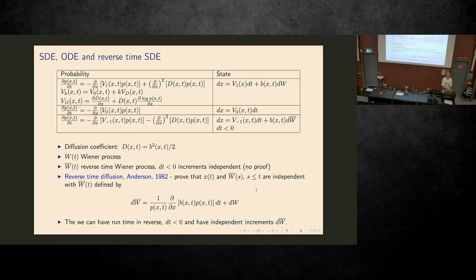And why is that nice? It's because if we then run time backwards, this new Wiener process with a bar over it will be independent going back in time, right? So that means that this is actually another stochastic differential equation just going back in time.